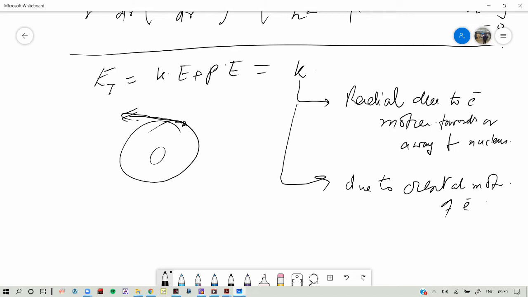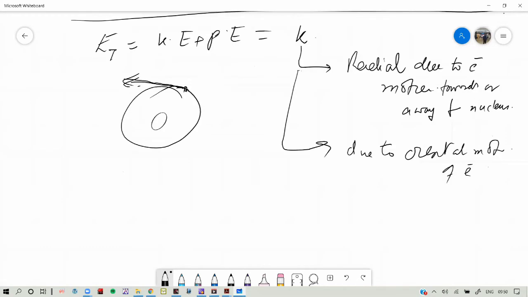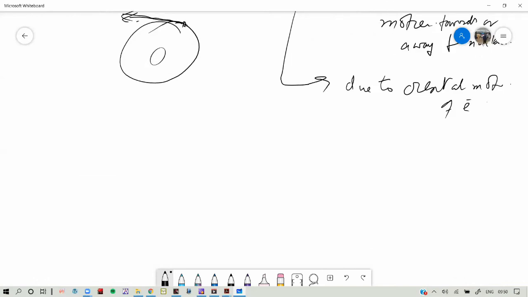So the kinetic energy has two contributions. One is from the radial motion, towards or away from the nucleus. Another is simply the motion of the electron in its orbit around the nucleus. Then we can write E total is equal to K radial plus K orbital plus V of R, which is the potential energy.